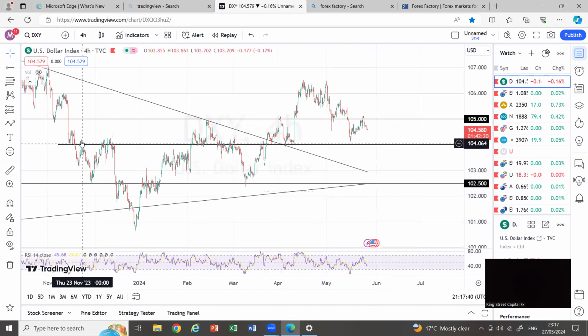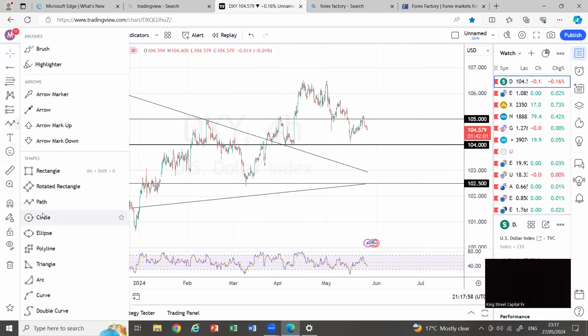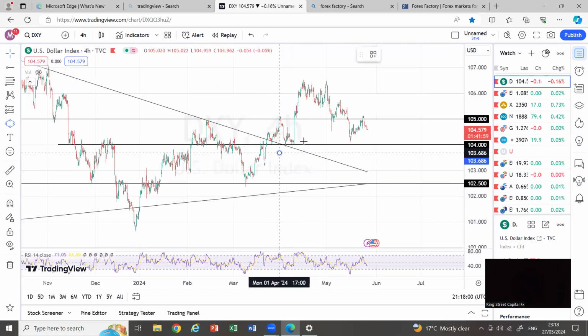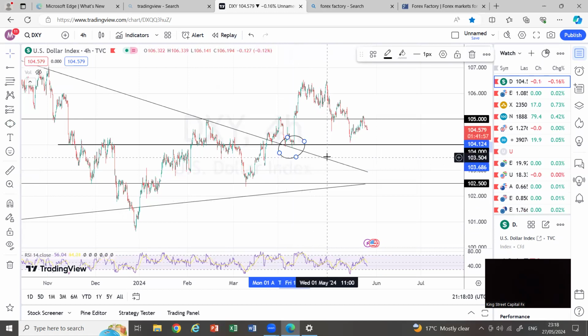Right, as we can see, resistance to support, it's broken out support, resistance, support, support, support, and this was also a further confluence of the trendline break. This is what we can see here.